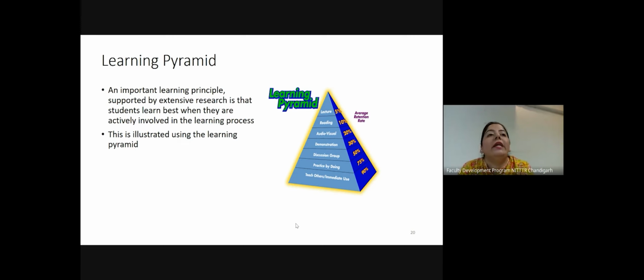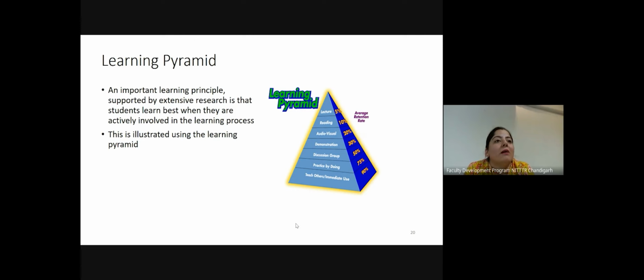Audio visual aid, जब हम कहते हैं ना what kind of technology integration you are doing, some of the teachers said we show YouTube videos to them, we are using simulation based study software for the students. उसमें as per the research कितना रिटेंशन बढ़ा रहे हैं हम मटेरियल का? Only up to 20%. Demonstration method 30%, group discussion 50%, practice by doing.